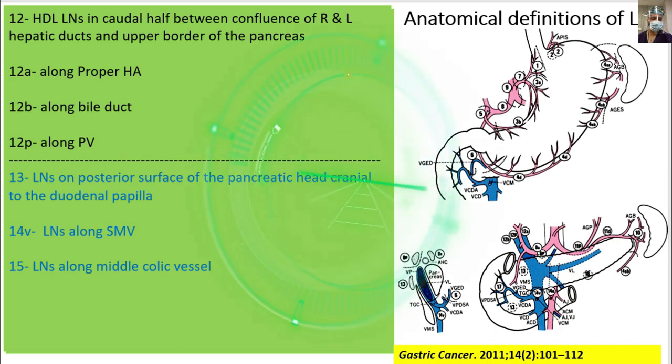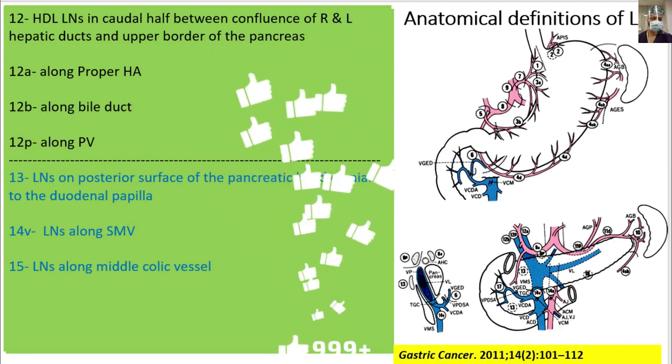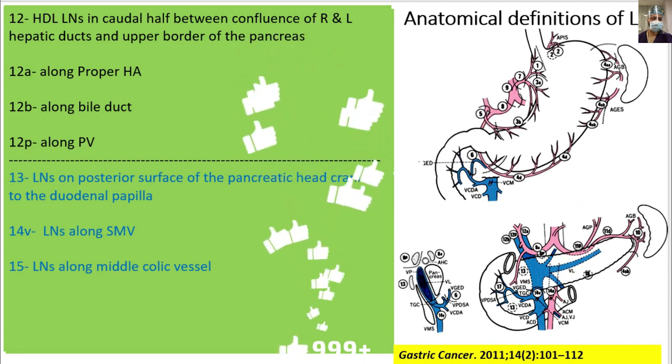It is similar in CA stomach and CA pancreas also. Lymph node station numbers remain the same whether we are operating for CA pancreas, gallbladder, esophagus or gastric cancer. So once for life we have to remember these lymph nodes by heart, and if we understand the anatomy, it is easier to remember them.